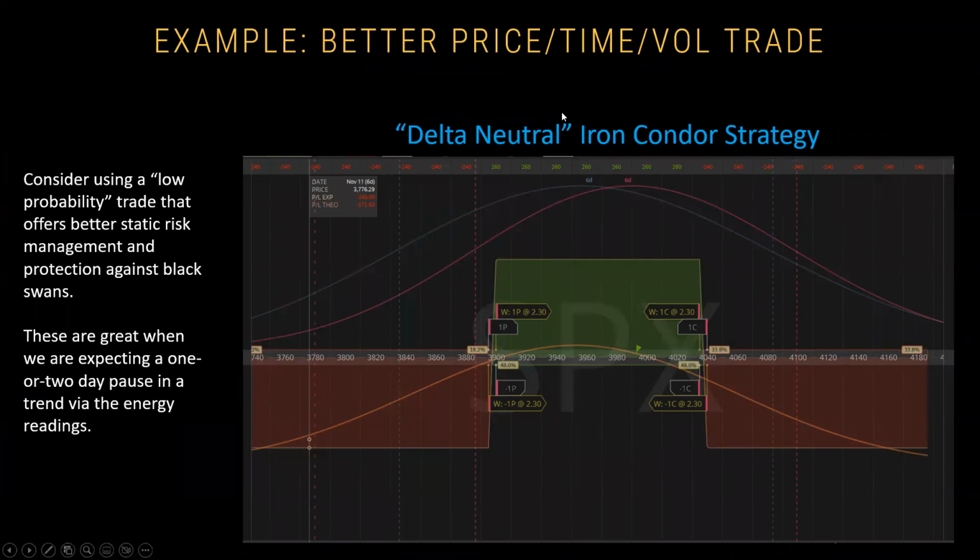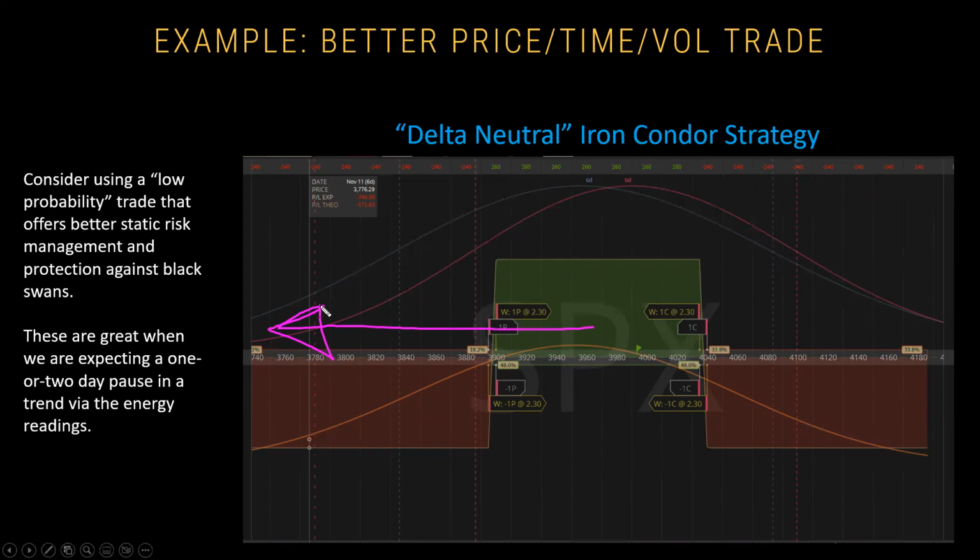And then we can also change how we do things. We can set up trades that are a lot more narrow. This is what I call a low probability condor. So we can set up a trade like this that offers better static risk management and protection against black swans. A lot of people are really concerned that we're going to just wake up tomorrow morning or the day after, whatever, and we're going to be looking at a 7% move down with the circuit breakers firing.